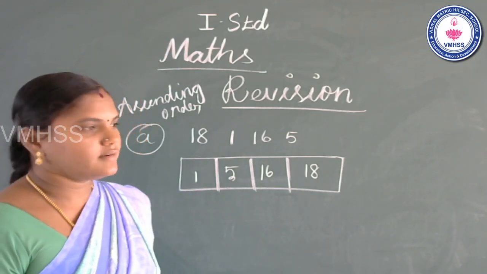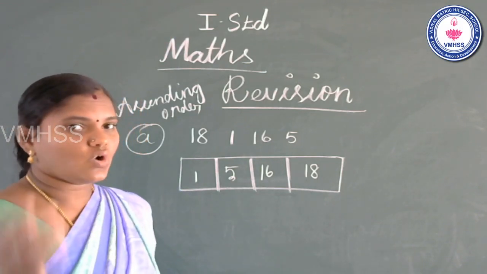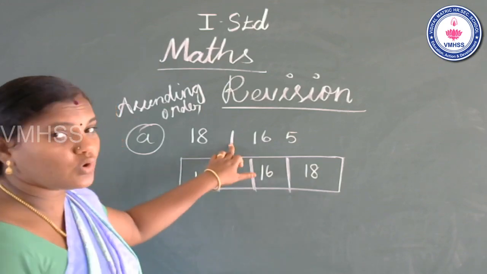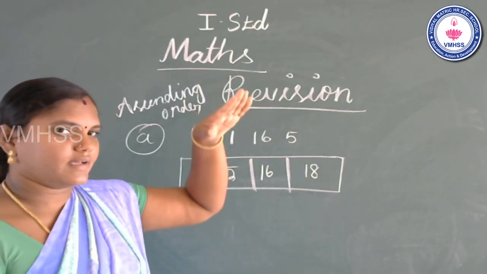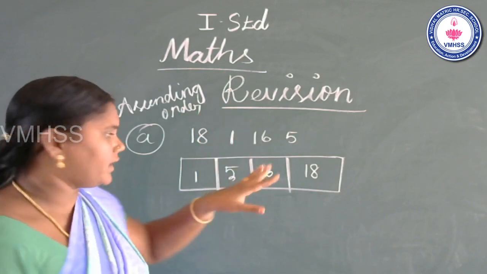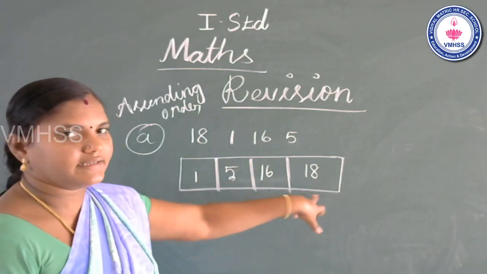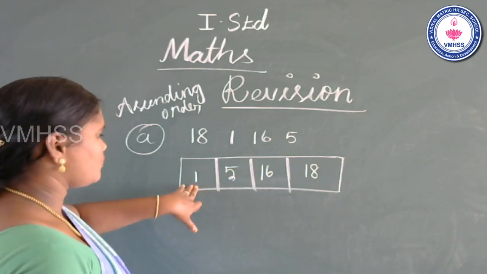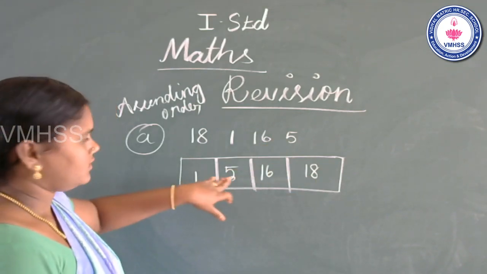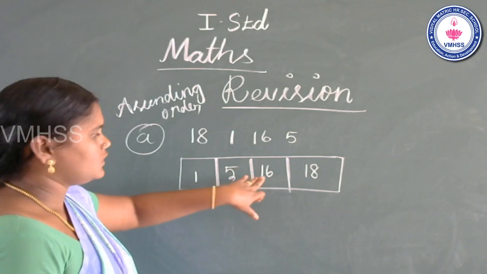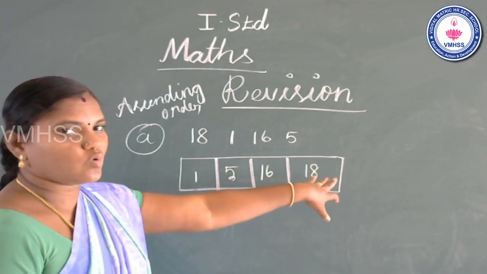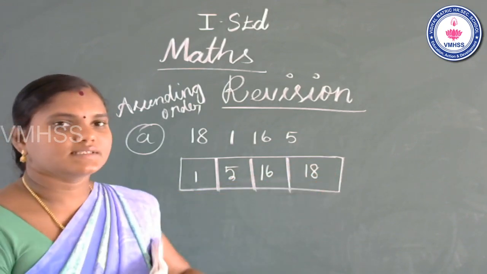Do you understand? Ascending order means smaller number to bigger number: 1, 5, 16 and 18. It's clear?